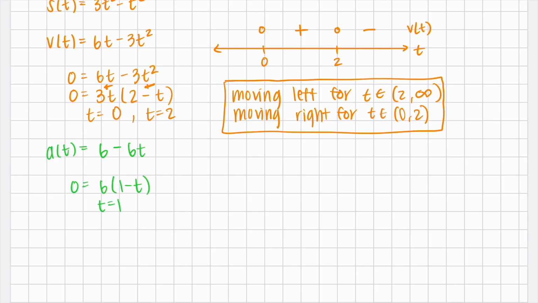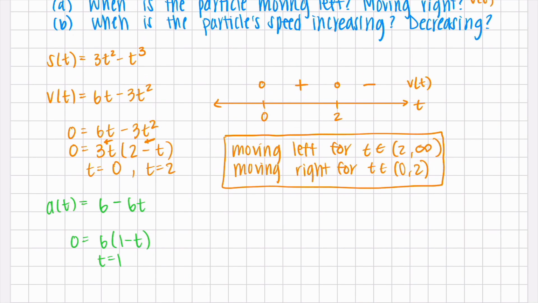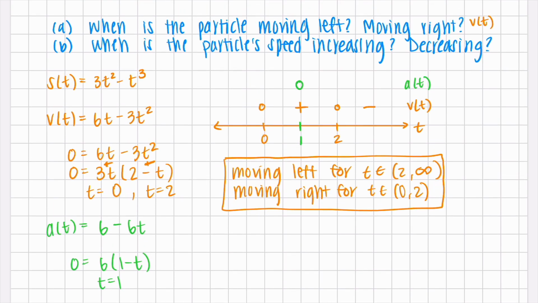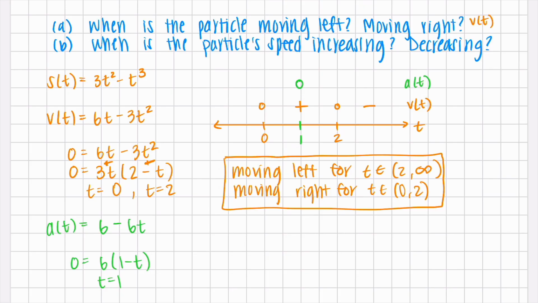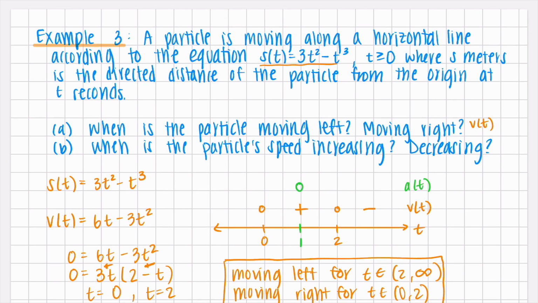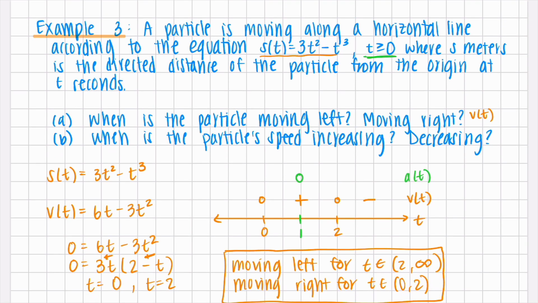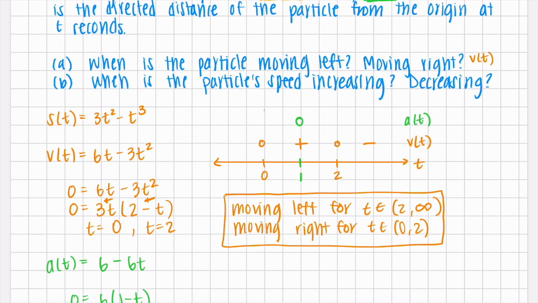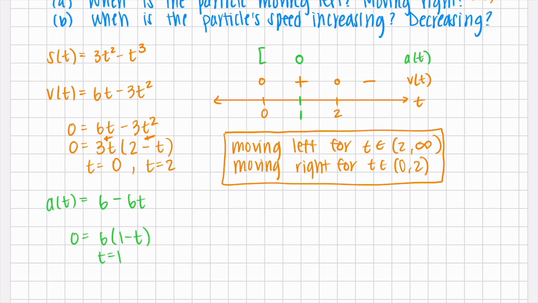So I'm going to add it to my number line up here. T equals 1, and I'm going to say my acceleration equals 0 at t equals 1. I'm going to test something now on either side of 1 to see my signs for acceleration. And then I want you to notice we are going from t greater than or equal to 0. So I'm not going to choose a negative number to plug into a of t.